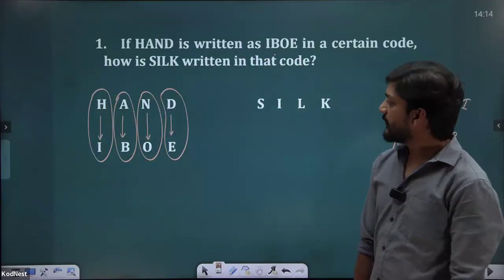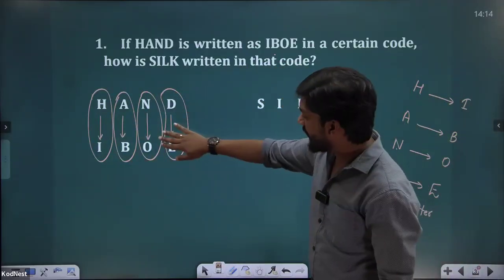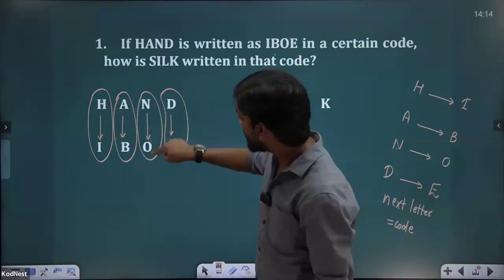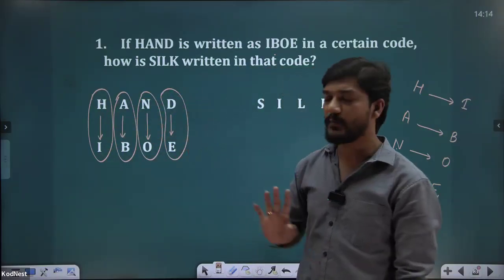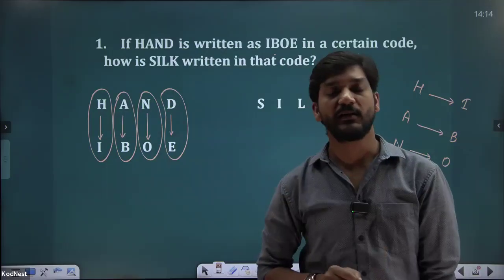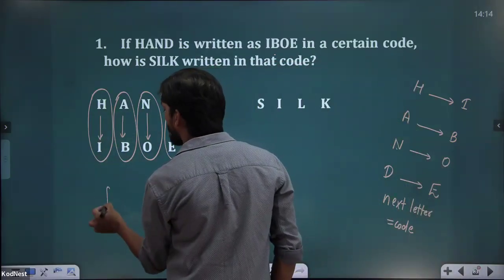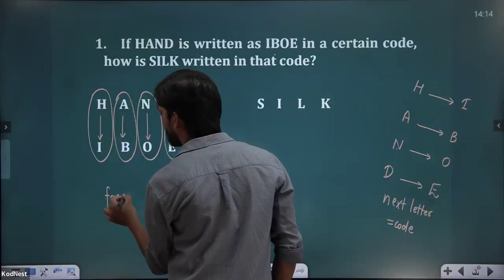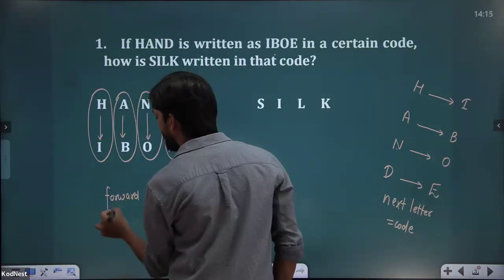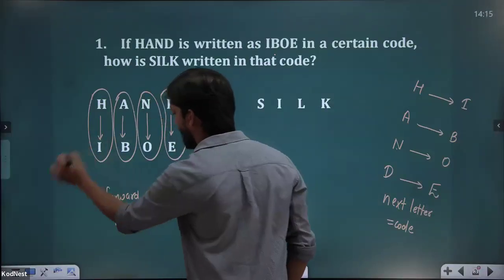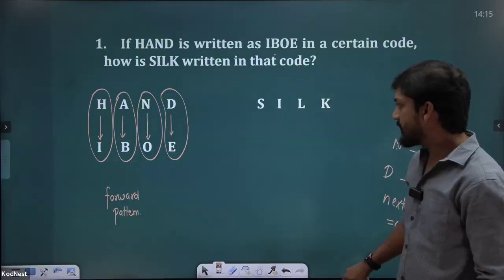All right. So when the coding is done this way, that means first letter code at first place, second letter second place, third letter third place, fourth letter fourth place, we have named this pattern the forward pattern.